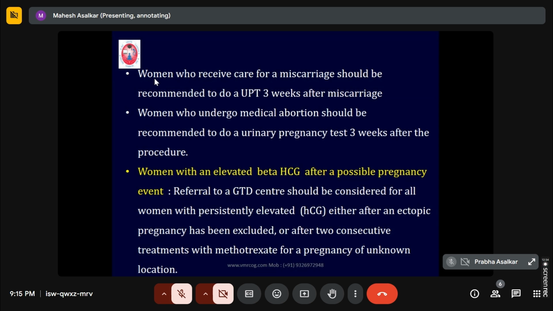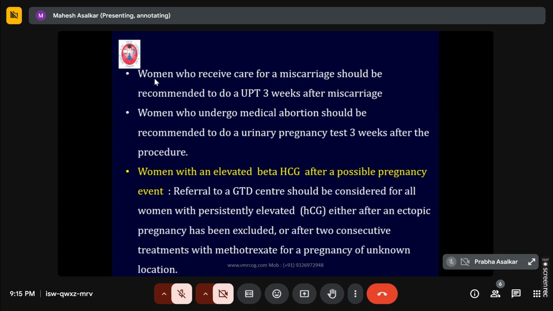Then women with elevated beta HCG after a possible pregnancy event. Suppose the beta HCG remains elevated, then referral to the GTD center should be considered for all women where there is a persistent elevated HCG, either after ectopic pregnancy has been excluded or after 2 consecutive treatments with methotrexate for a pregnancy of unknown location. So if there is a persistent elevation of beta HCG after a possible pregnancy event, you have to refer this patient to the GTD center.